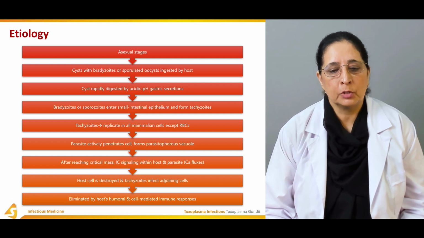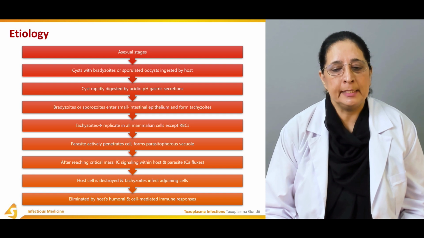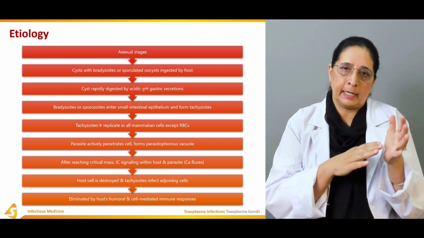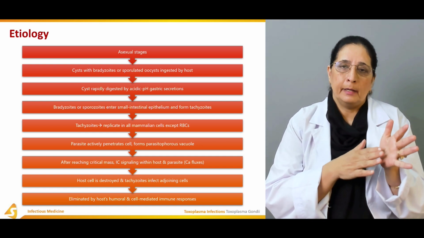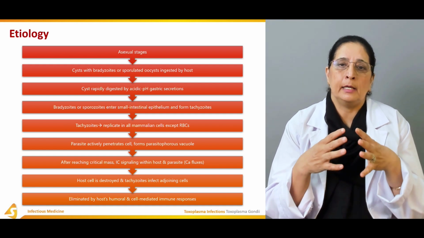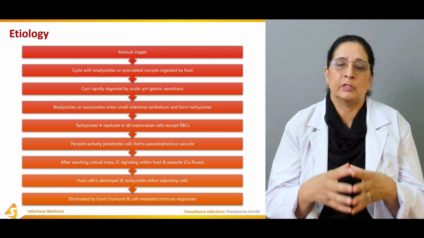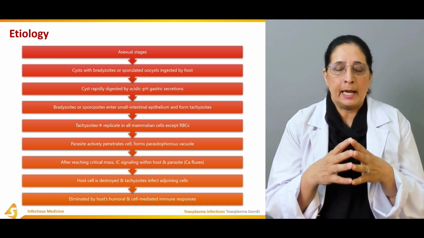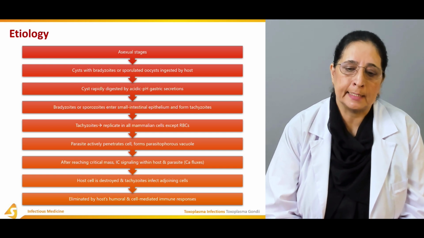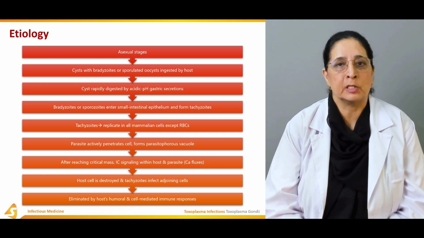They are eliminated by host humoral and cell-mediated immune responses. So that's the whole mechanism of reproduction by which they grow, cause destruction of the host cell, and are eliminated from the host body by the humoral and cell-mediated immune responses.